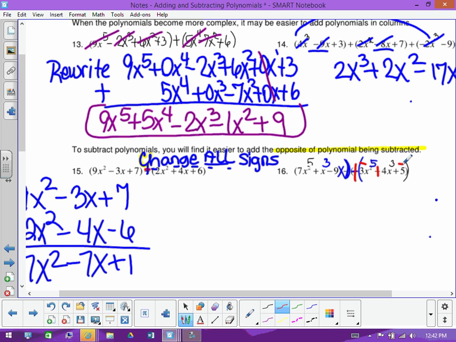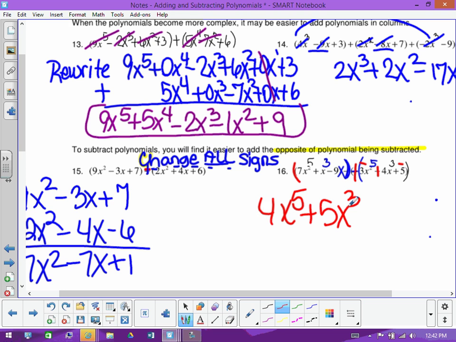So look at our x to the 5th. We have 7 and negative 3, which is what? 4. We have our x to the 3rds. We have 1 and 4, which is what? 1 plus 4? 5.